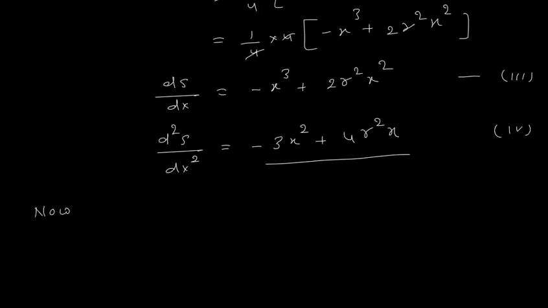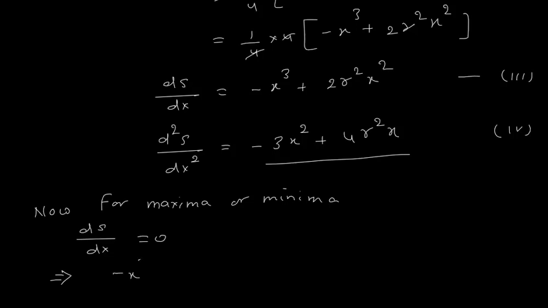Now for maxima or minima, we have ds upon dx equal to 0. This will give me minus x cube plus 2r square x is equal to 0.